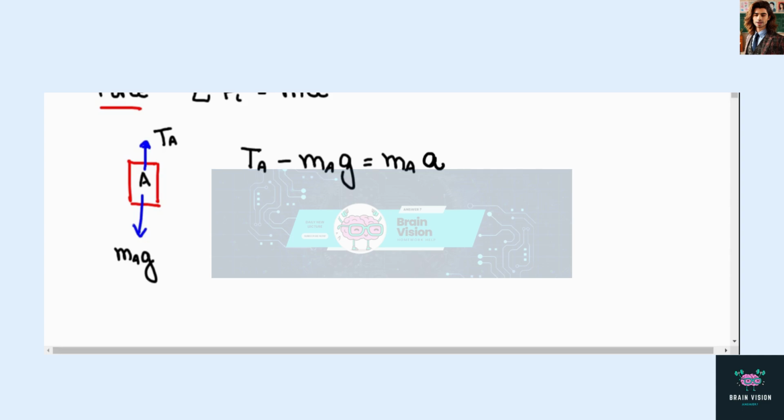So there are two things that we need to find out before solving this equation, because we still don't know. First, we don't know what TA is as a function of the tension at point B. And second, we don't know what the acceleration is. So let's start by the acceleration.